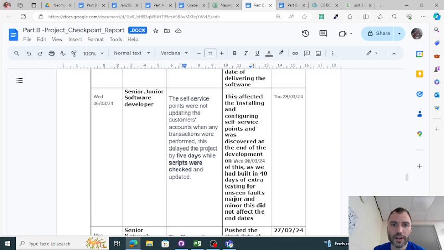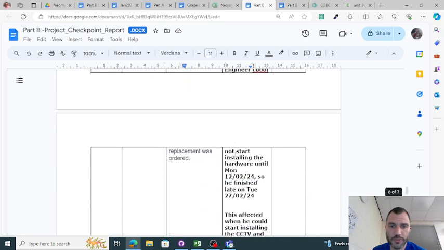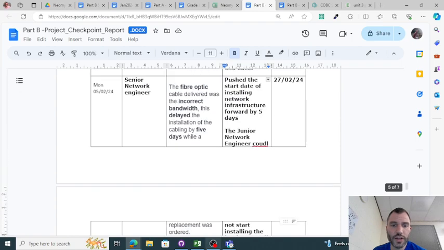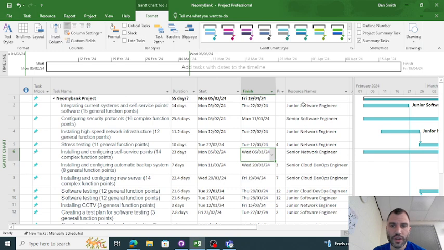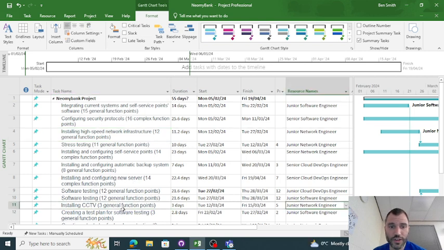So I think if you look at the fibre optic, it pushed the start date of network infrastructure forward, yeah, and I said the junior network engineer was assigned to work on that, pushed it forward by 5 days, and then the next task he had to do, which is installing CCTV, got pushed forward as well, because they had to wait for him.